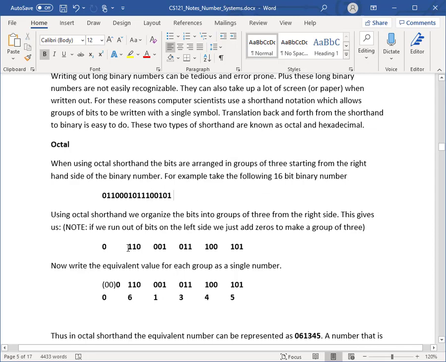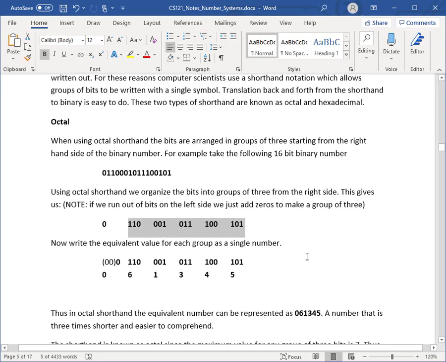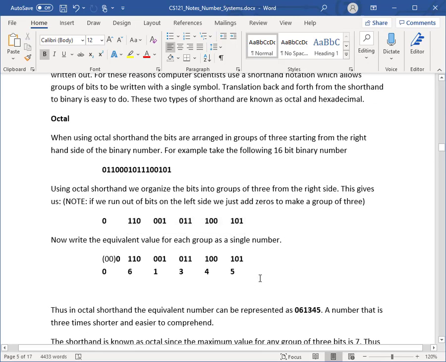So we can group our bits in groups of 3, and then we can write down the single symbol that represents those 3. So in this case, 101 is 5, 100 is 4, 011 we have 3, 001 is 1, 110 is 6. So now we've used up 15 of our 16 bits.